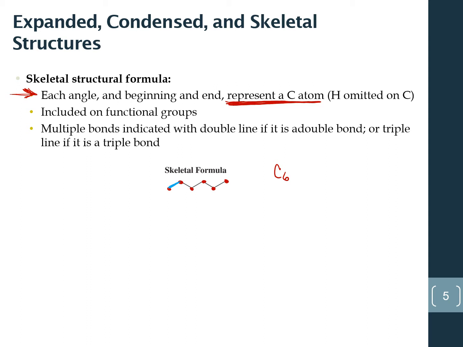If you have one line connecting those two carbons, it means that first carbon right there in the corner needs 3 chemical bonds to complete the octet. You have only one bond between your two carbons, and one bond is 2 electrons.